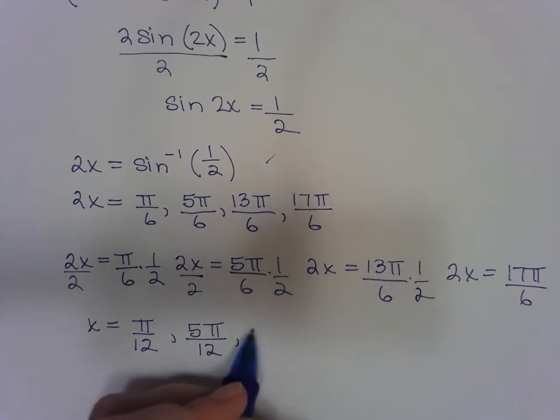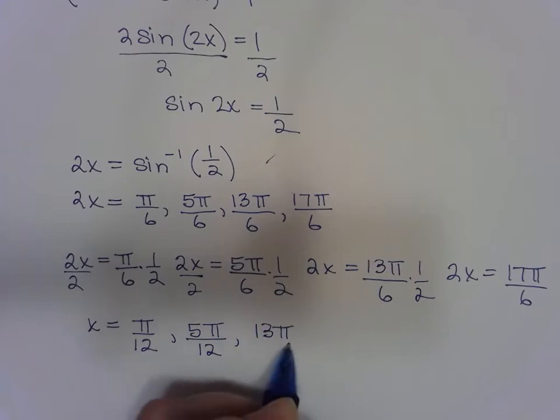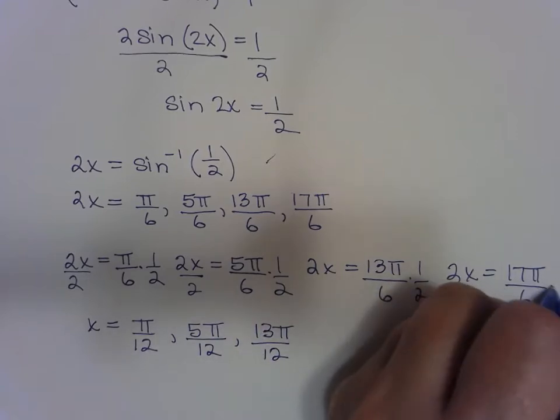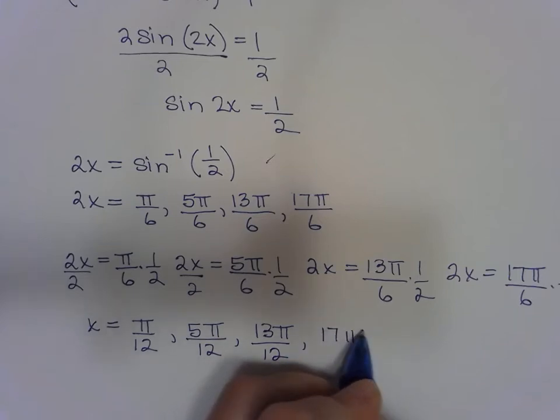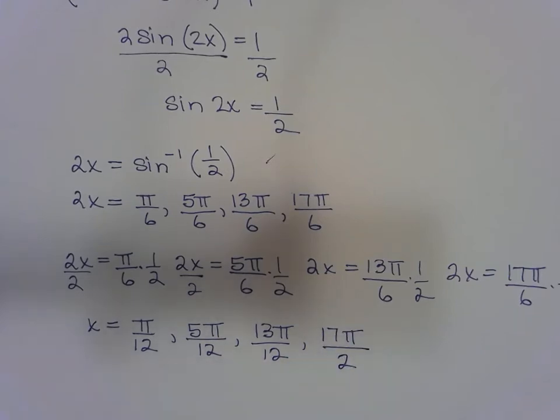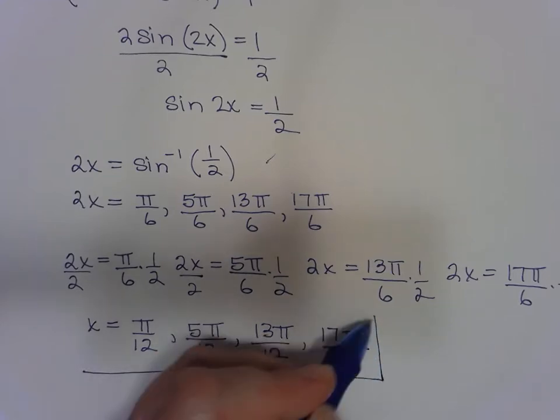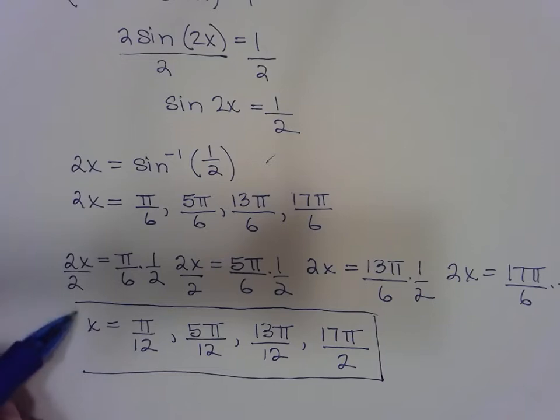This is going to give me 13 pi over 12, and 17 pi over 12. Okay, if you wanted to check these, you could always check these in your calculator. Take each one separately. I always recommend going all the way up to the top and plugging them in, and they should work.